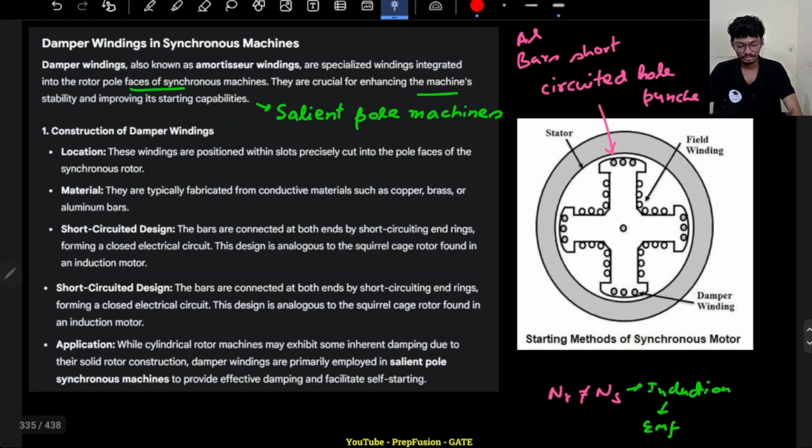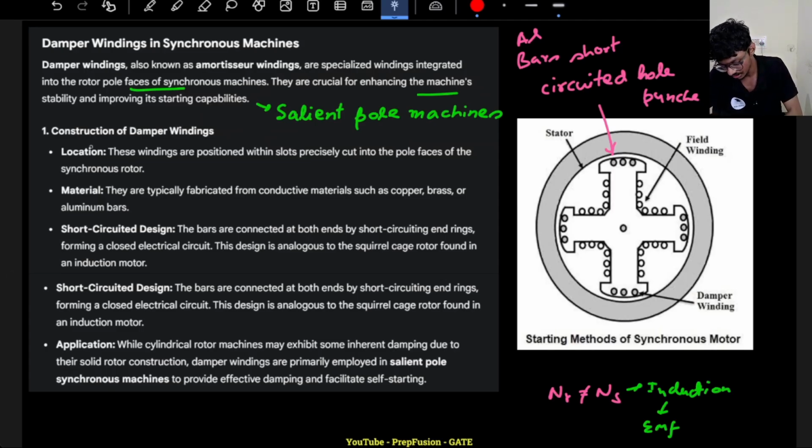They will not be used in cylindrical machines, because the cylindrical rotor is already symmetrical. Cylindrical poles are symmetrical, so they automatically induce some EMF on the pole faces. So we don't need an additional damper winding; automatically it will oppose the oscillations.